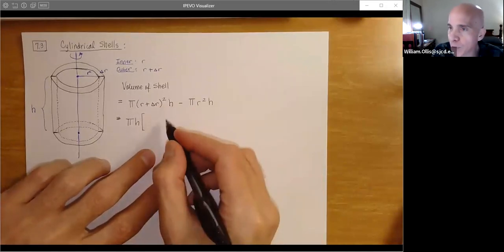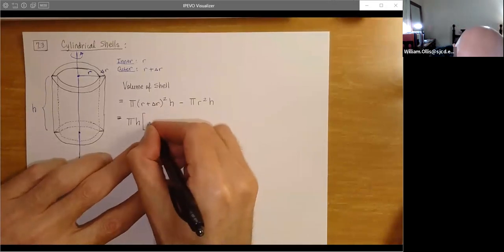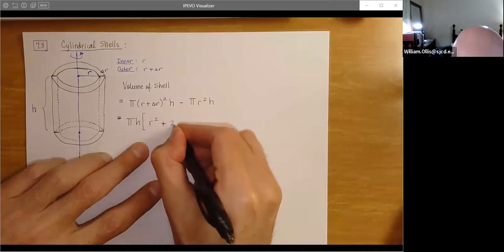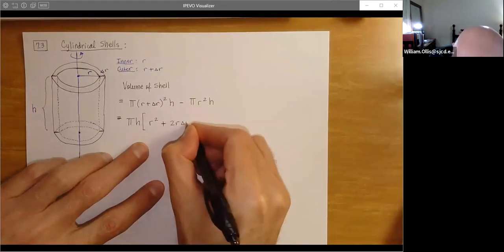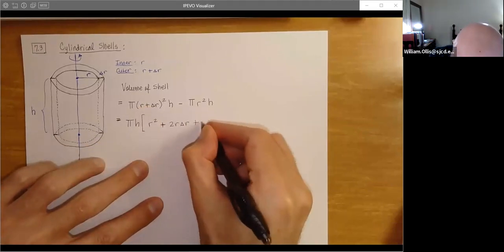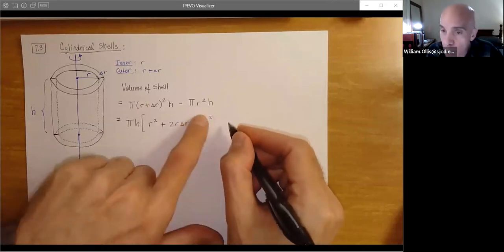We expand binomials, and unfortunately, we're stuck with it. So we have r squared plus, of course, 2r delta r, remember the product times 2, plus delta r quantity squared. And then, of course, here we just have the minus r squared.